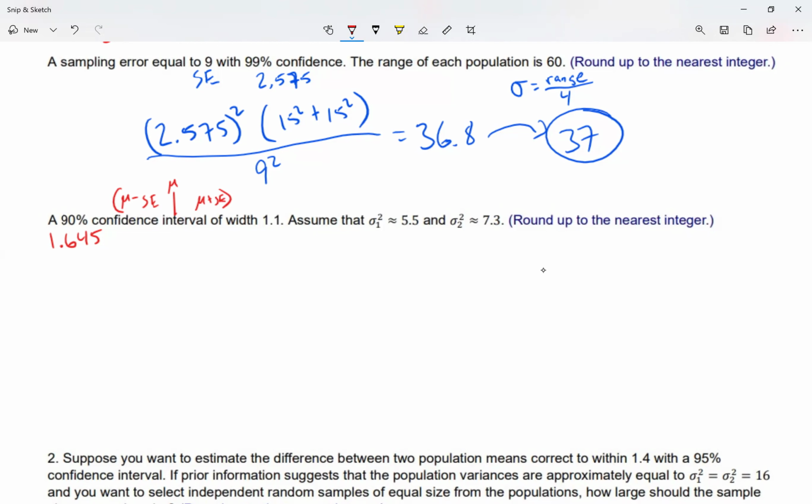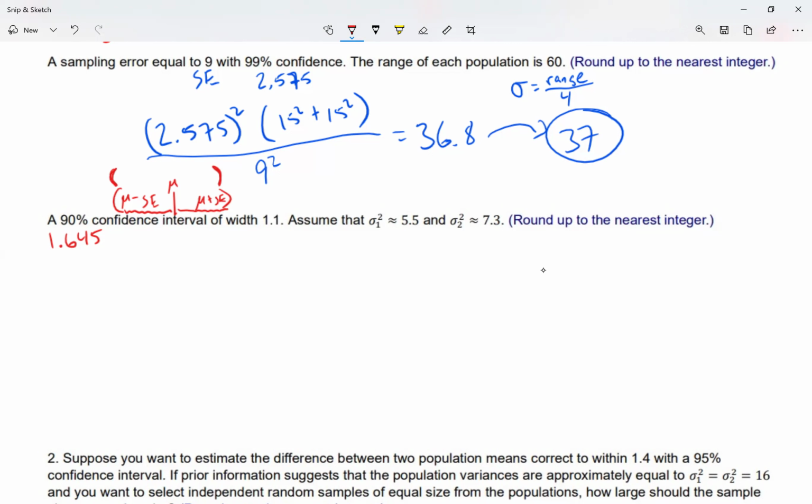Now, what I'm saying is the difference between the big number and the small number is 1.1. But doesn't the interval have one standard error here and one standard error here? Because remember, I go mu plus, so there's one standard error. I go mu minus, so there's another standard error.